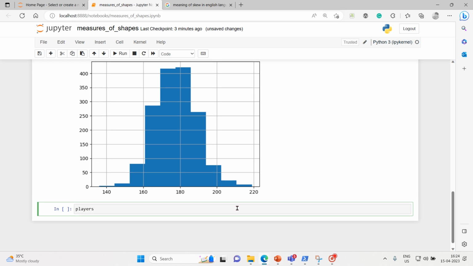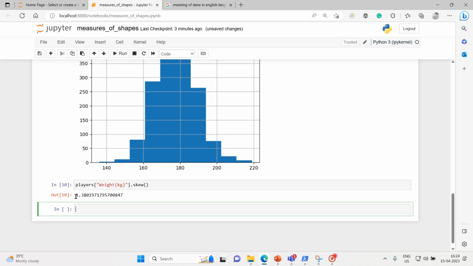So players, and this time I'm going to take weight. So skewness, yep, it's 1.38. It's a positive value. It's a greater value, not less than 0. It's positively skewed.